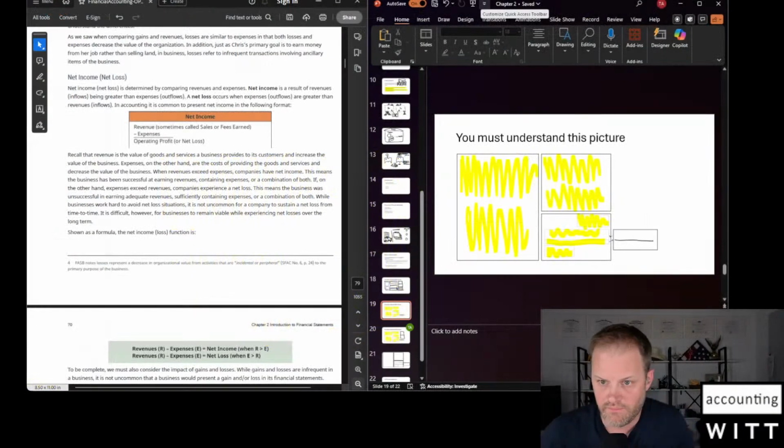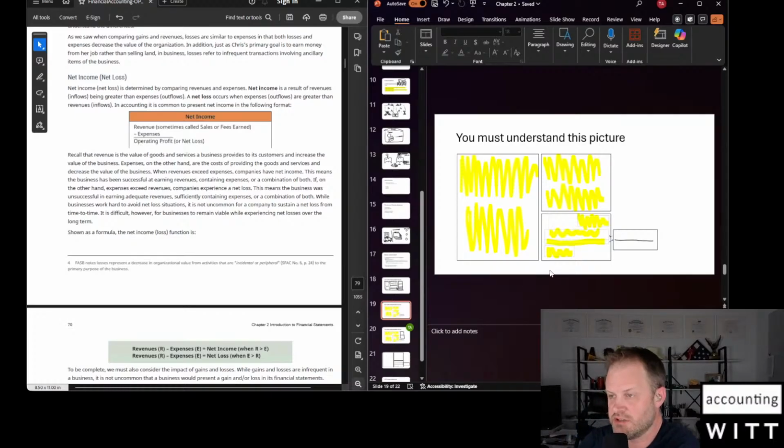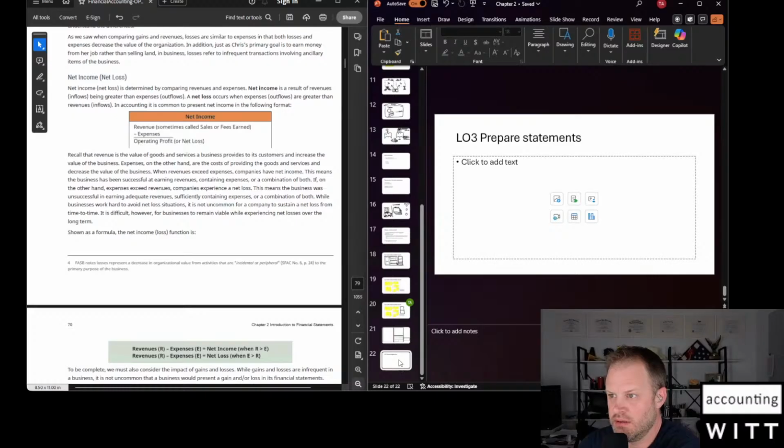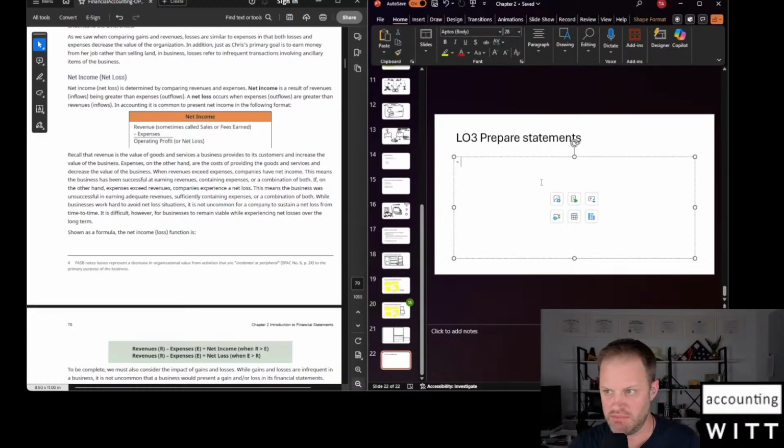So, you must understand this picture. Then you can prepare financial statements, which is, you've got to learn how to journal. You've got to learn how to ledger. You've got to learn how to trial balance.